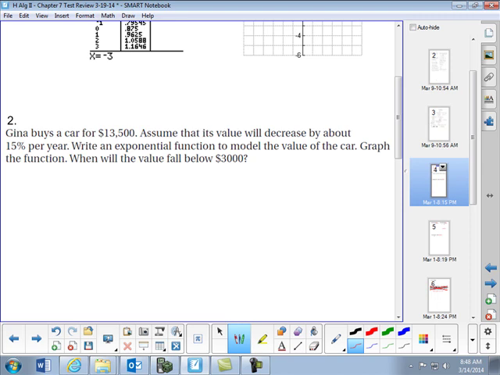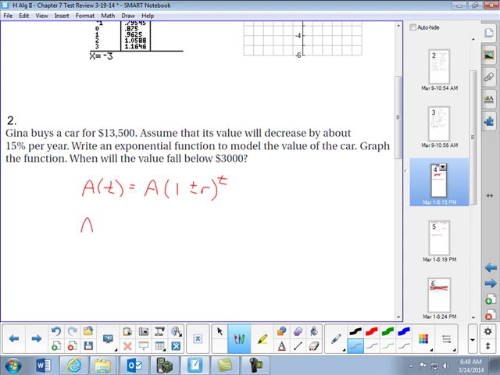Well, remember our formula was A of t, and I will not give you this, equals A times 1 plus or minus the rate, depending on if it's an increase or a decrease, all to the t value.